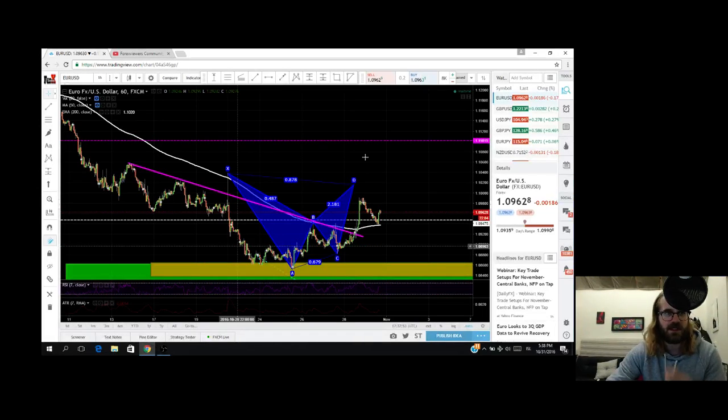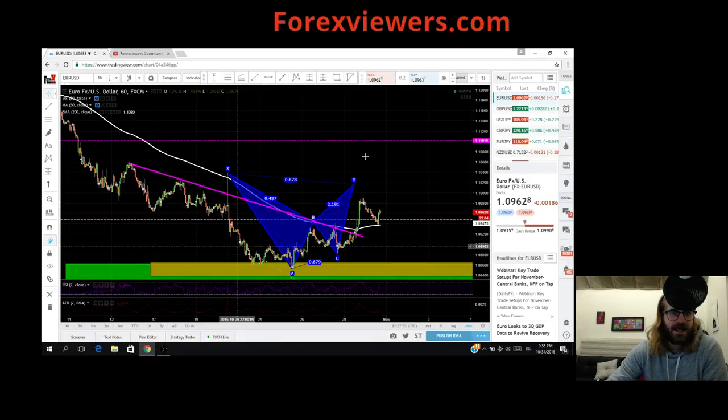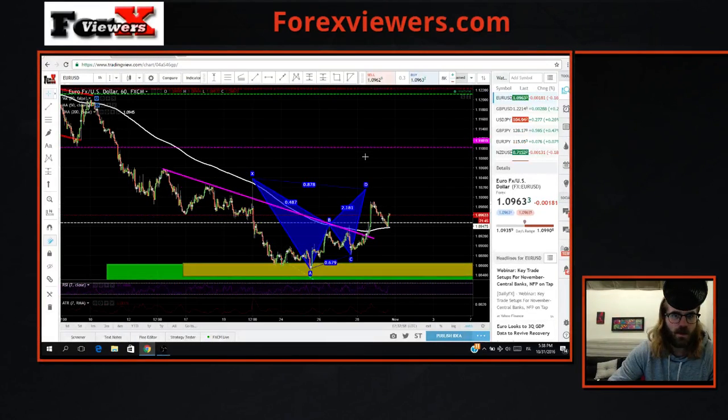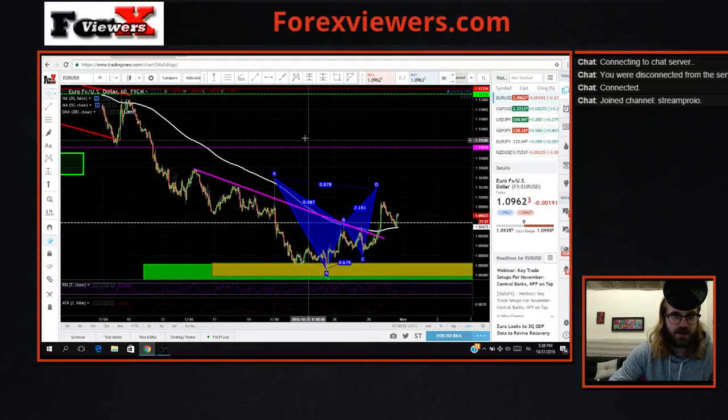I'm going to use the euro dollar, for example, because it's a nice example of how this is done. Basically what we're talking about is using different time frames here.